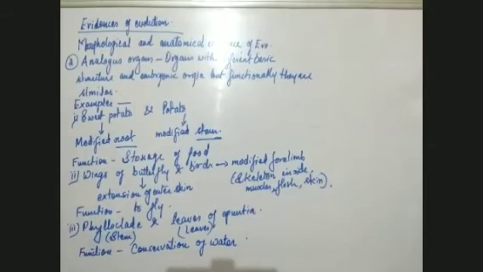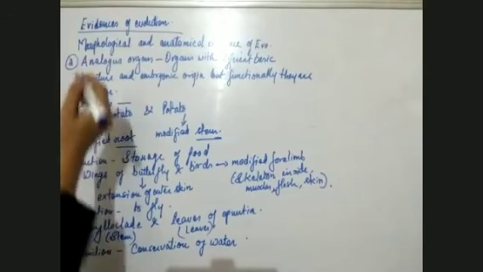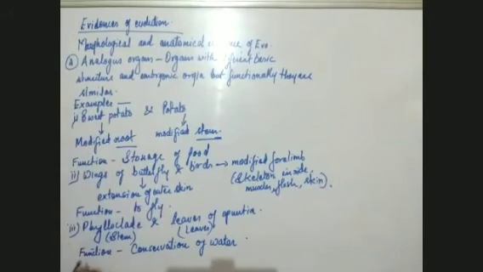This is an example of convergent evolution. Analogous organs are examples of convergent evolution. In this, different structures and different embryonic origins adapted to perform the same function.